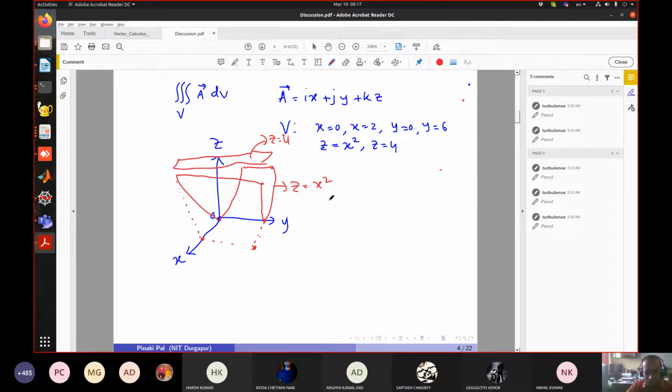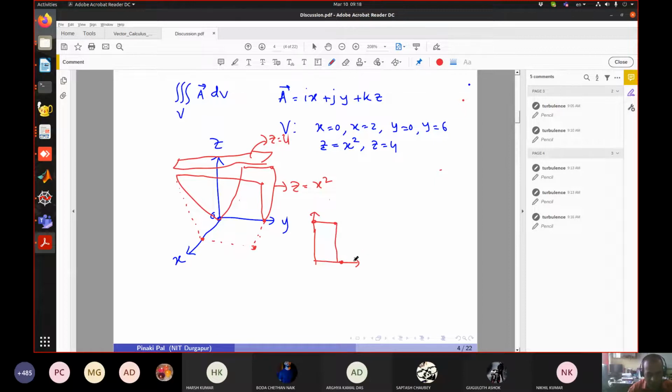So this is the projection of this region on xy plane. In the x direction it will move from 0 to 2, and in the y direction it is much larger.